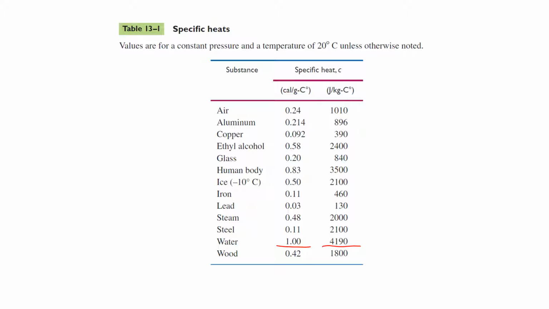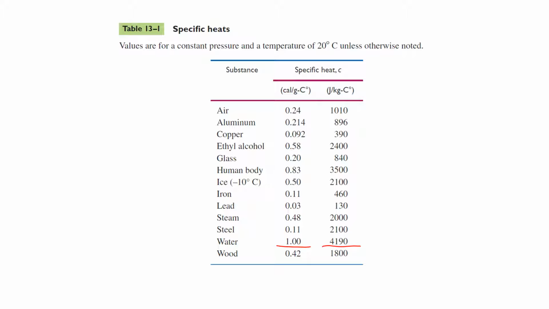So notice that the specific heat for water is actually fairly large compared to most of the substances on this list, significantly higher than the metals, for example, significantly higher even than ethyl alcohol or other liquids that we think of as being somewhat related. The specific heat of liquid water is roughly double the specific heat for ice or steam. And water is fairly high.